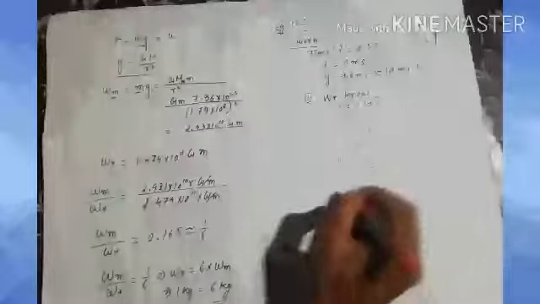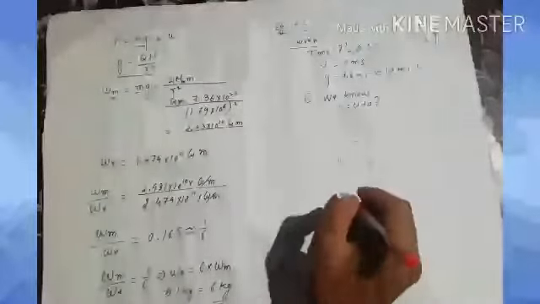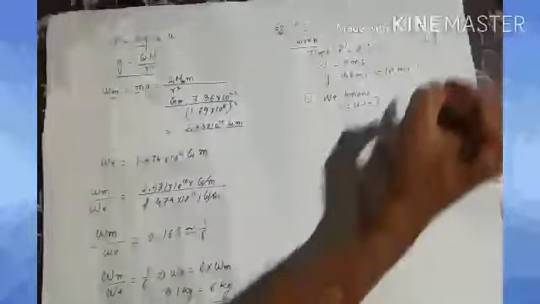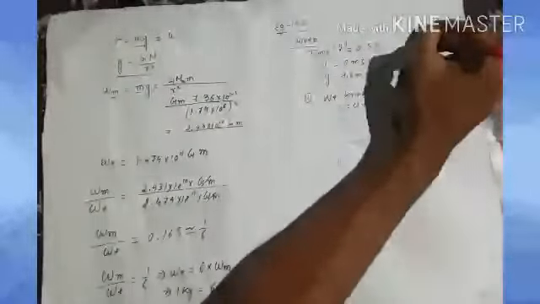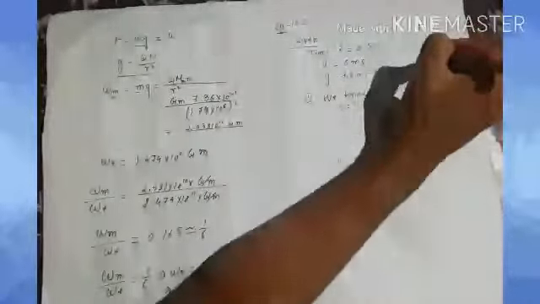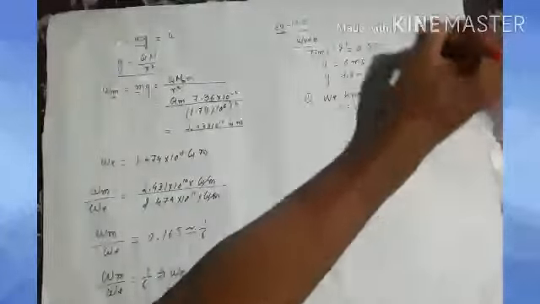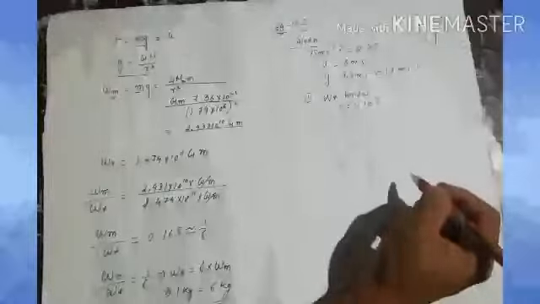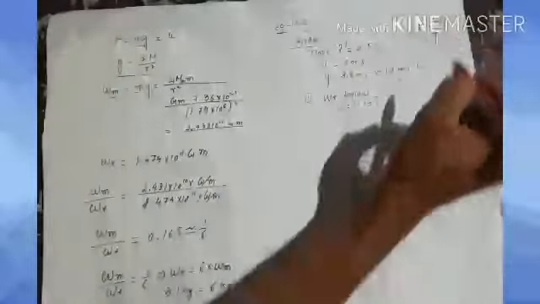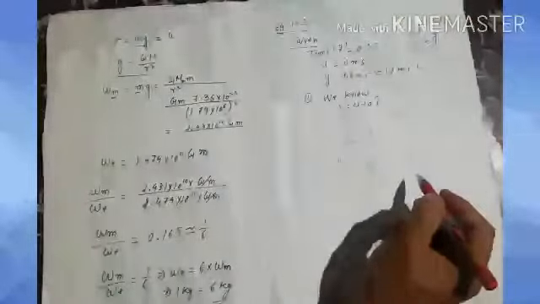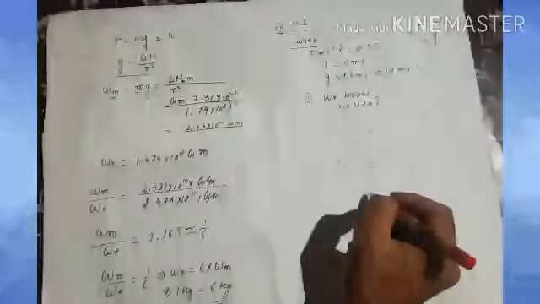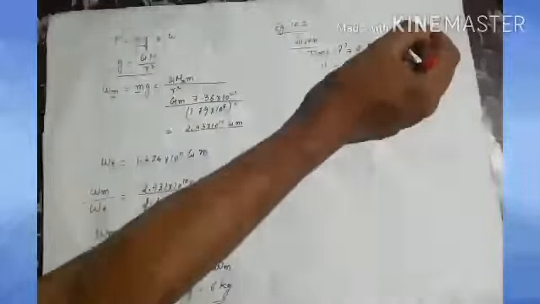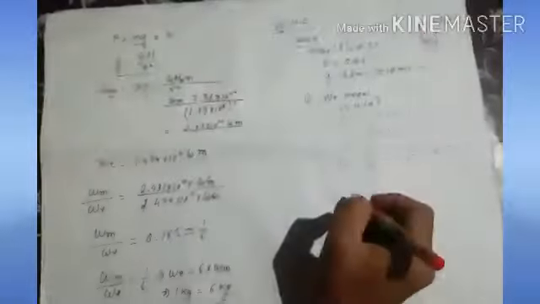In the third part, they have asked to find out how high the ledge is from the ground. For example, this is the ground and this is the ledge. You have to find the height of the ledge from the ground, which is the distance traveled by the car before touching the ground.